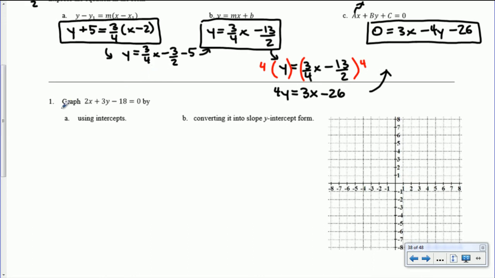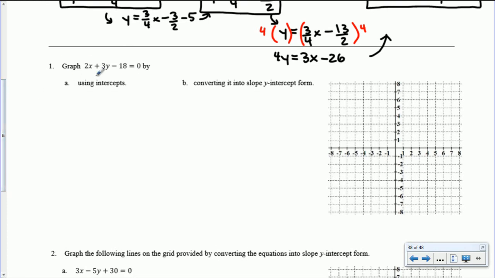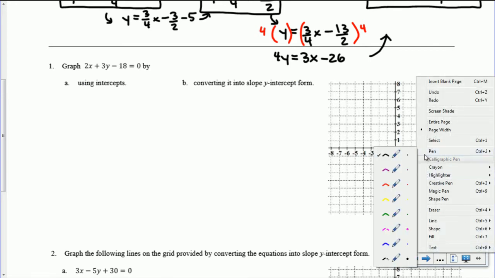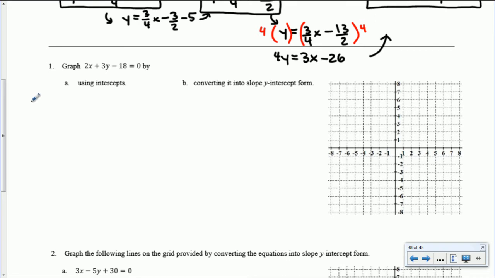Moving on. Graph this equation by using intercepts and converting it into slope y-intercept form. So let's start by doing the whole intercept routine. Hopefully you remember this from last class. The x-intercept can be found quite simply. What is the value of y where the graph crosses the x-axis? y is 0 there, so I put y equals 0 into this whole equation and solve for x.